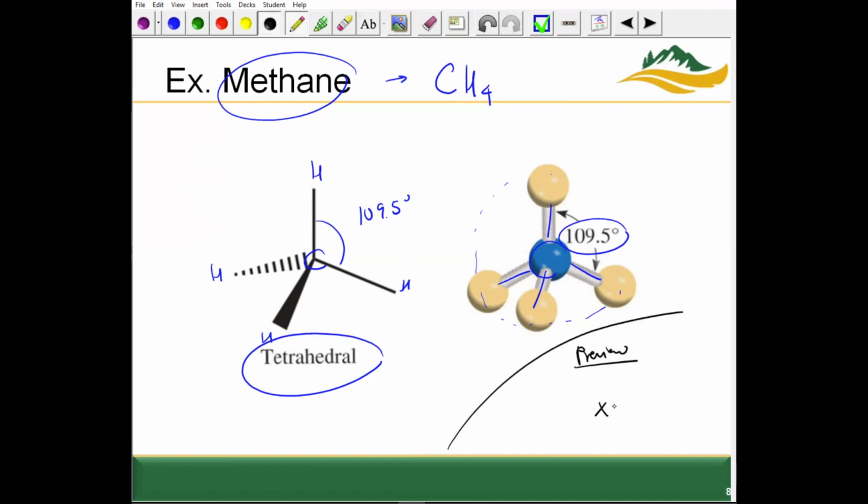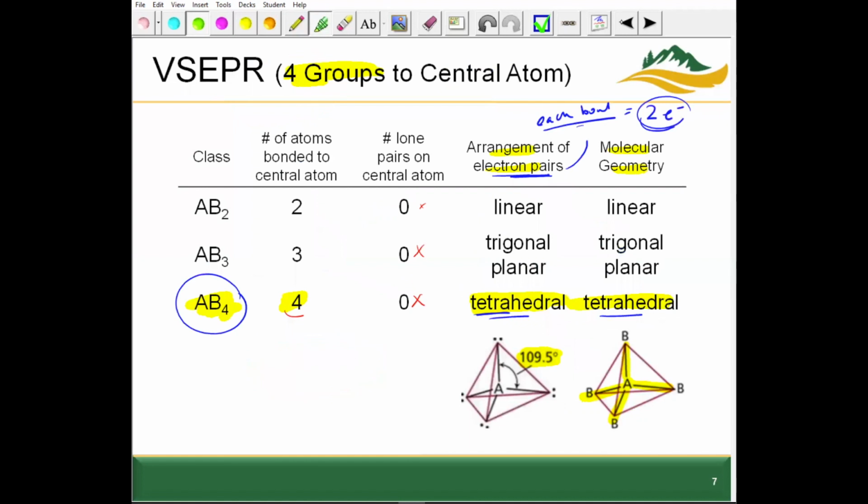If we have a central atom and it has 3 bonds to it, but then it has a lone pair as well, this is still considered 1, 2, 3, 4 regions of electron density from that central atom. Again, this is a preview. We have not yet seen this where one of those regions of electron density is a lone pair. We've just been focusing on the bonds to the central atom.